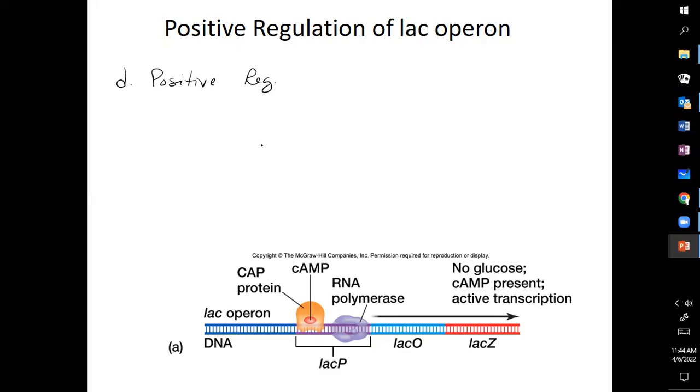In positive regulation, there is a cyclic AMP, a modified nucleotide, cyclic AMP CAP complex that acts as an activator.